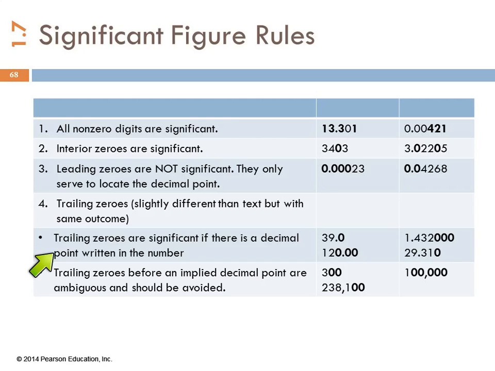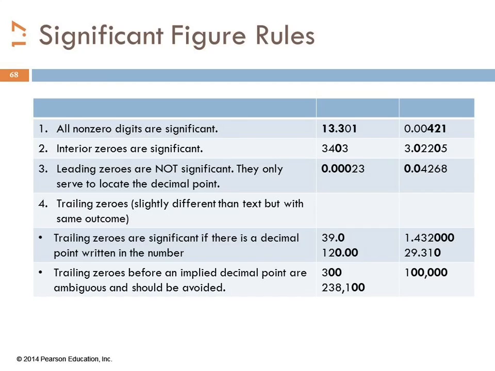If there's a written decimal point, actually written out, here's a trailing zero, 39.0. Trailing zeros come at the end. Leading zeros at the beginning, the trailing zeros trail after. If there's a decimal point, it is significant. Because would we write that 0 to hold a decimal place? If we wrote 39 instead of 39.0, does it really change the value of the number? No.